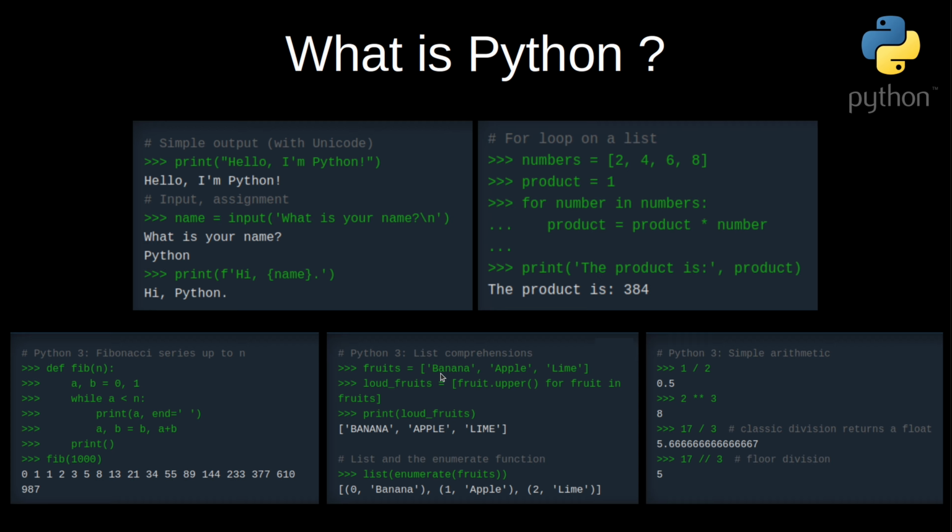So here's the original list, but after we use the list comprehension, we have another list saved at this other variable name here, loud fruit, which is basically the same element names but in uppercase. So here we iterate each of the elements and turn them to uppercase and store to another list.